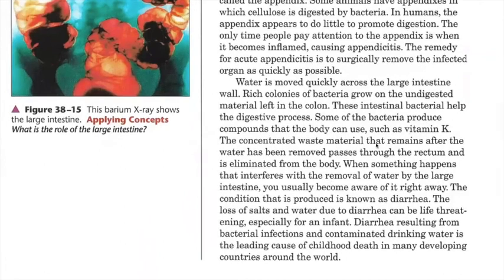The concentrated waste material that remains after the water has been removed passes through the rectum and is eliminated from the body. When something happens that interferes with the removal of the water by the large intestine, you usually become aware of it right away.